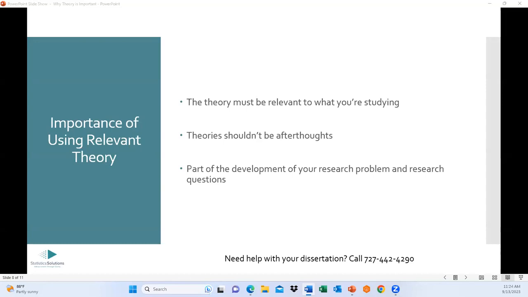There are several theories of motivation that researchers use to explain what motivates or what drives employees. So the theory you use depends on what you're studying and why, right? If you want to study external and internal motivational factors in a certain population, you would need a theory that includes those components, right?